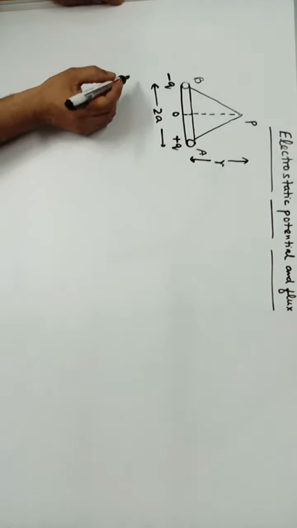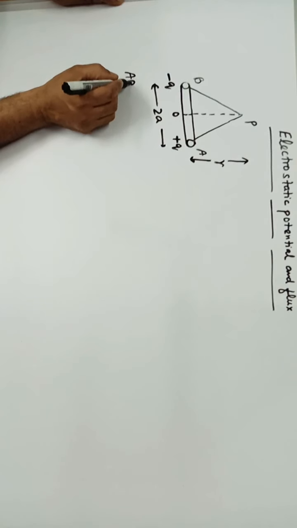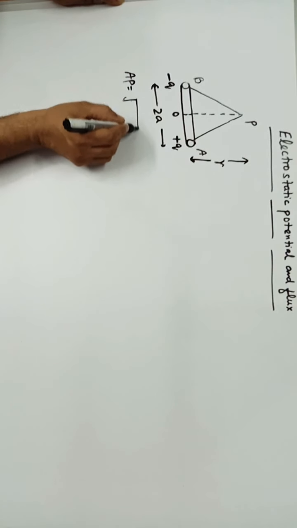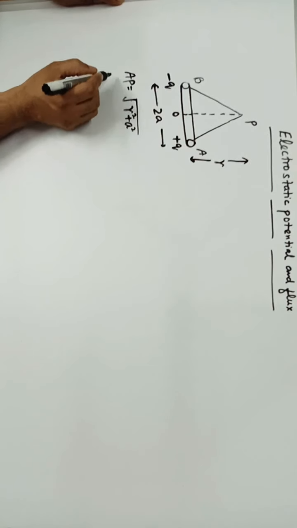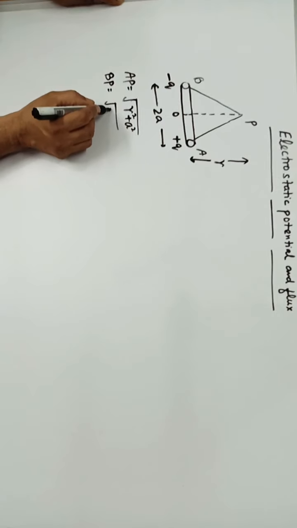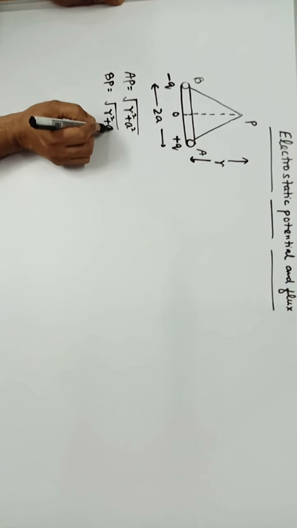The distance AP is under root r square plus a square and BP is under root r square plus a square.